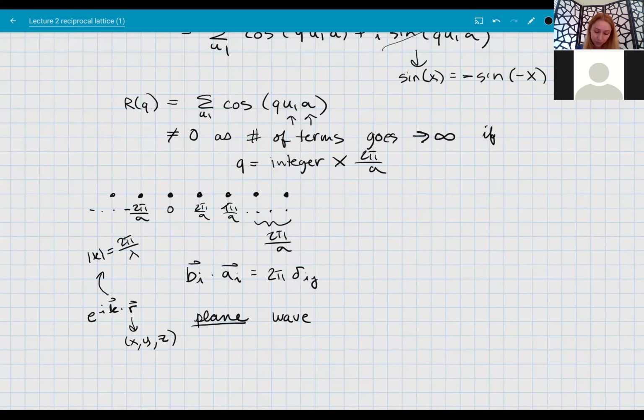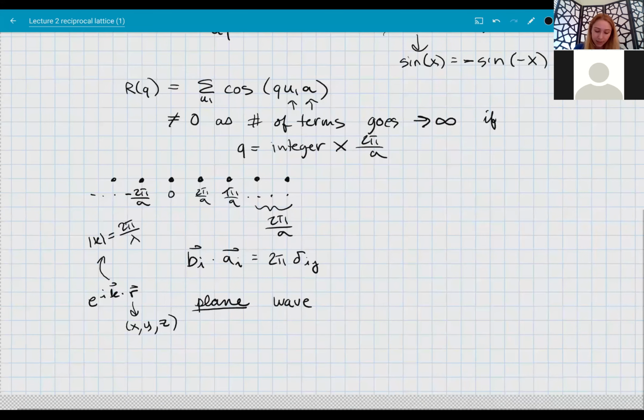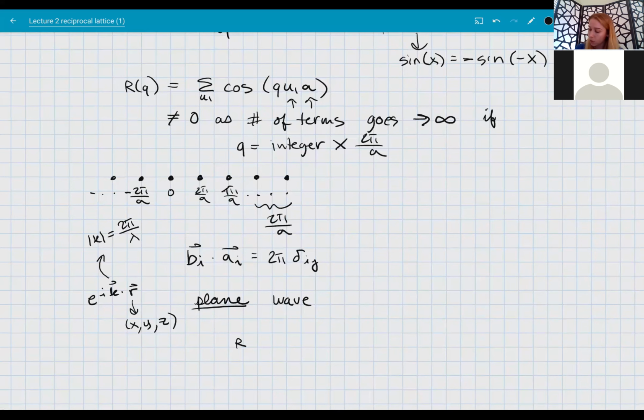Okay, so now let's consider a set of points R that constitute the Bragg lattice. So R is going to be equal to U1A1 plus U2A2 plus U3A3. Okay, so R is some vector in real space that points to some lattice point.